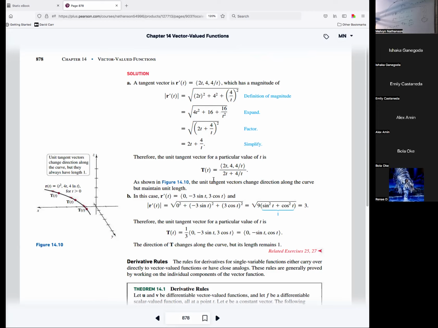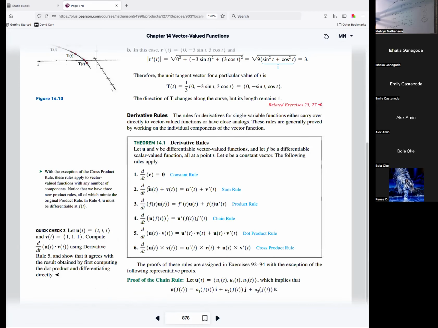And just the way in Calculus 1, you spent a lot of time learning rules for differentiation, sum rule, product rule, quotient rule, and chain rule, there are similar rules for derivatives of vector valued functions. The derivative of a constant is 0. The derivative of the sum of two functions is the sum of the derivatives.